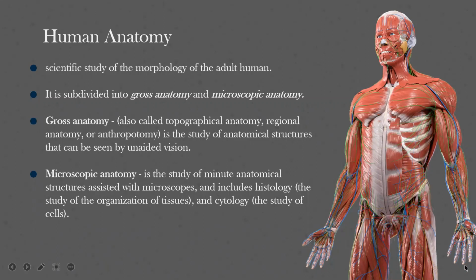Microscopic anatomy is the study of minute anatomical structure assisted with a microscope and includes histology, which is the study of the organization of tissues, and cytology, which is the study of cells.